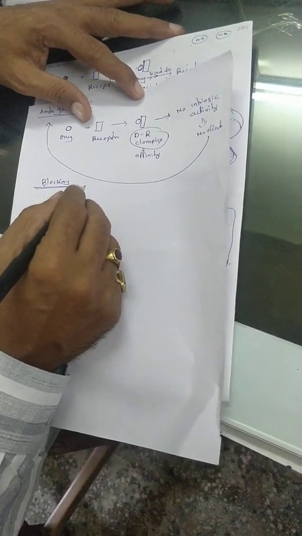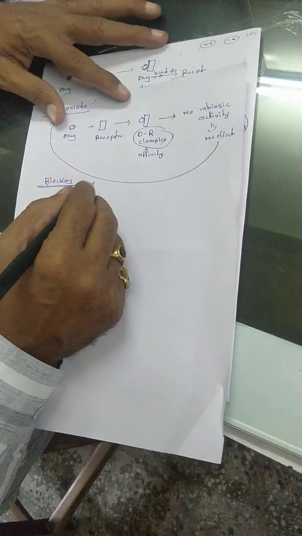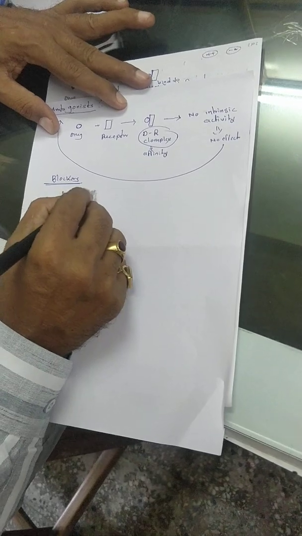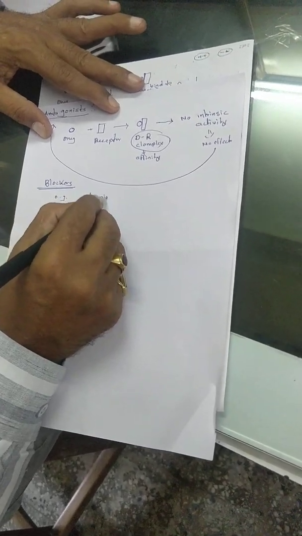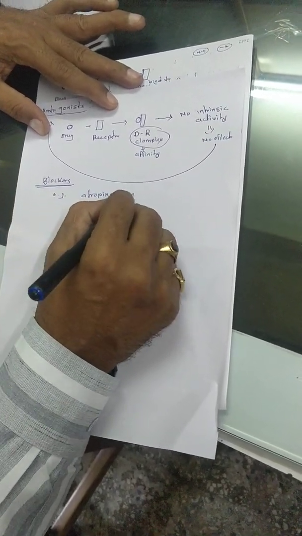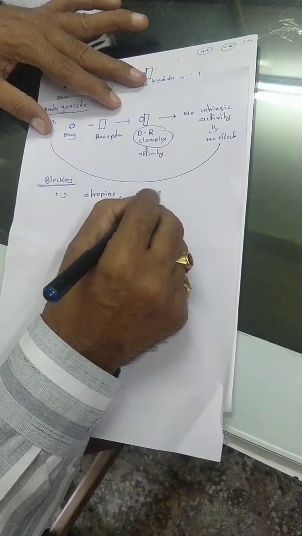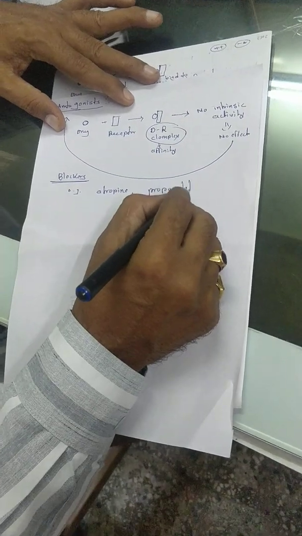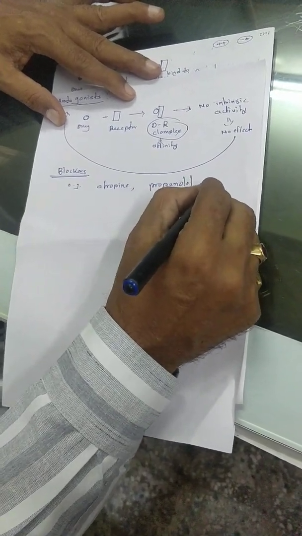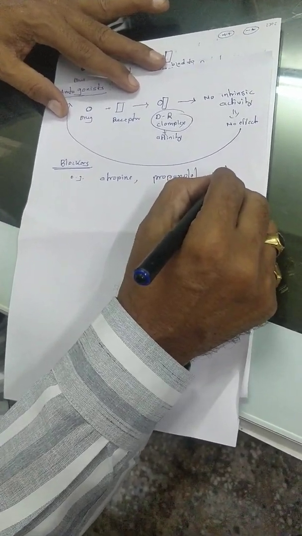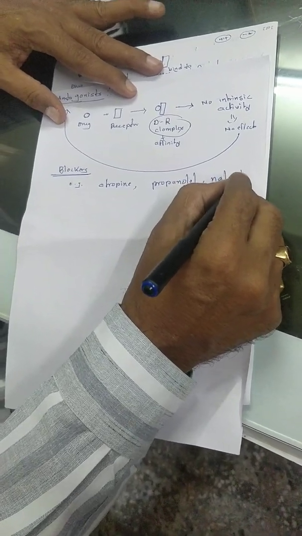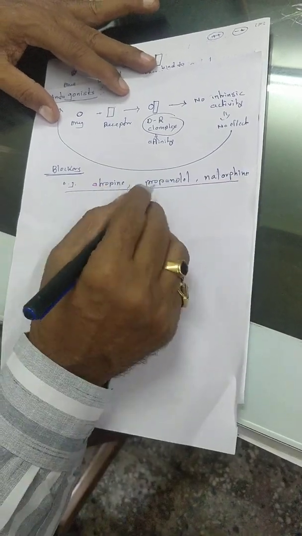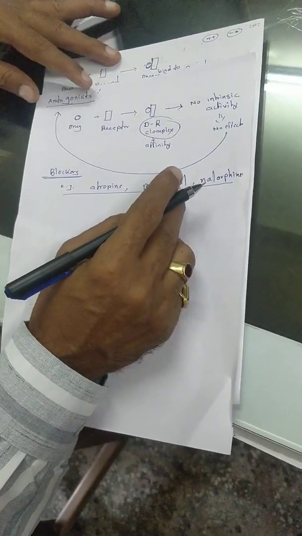Is it correct? Yes. Example: atropine, propranolol, naloxone. Examples carry marks, so you must always remember the examples.